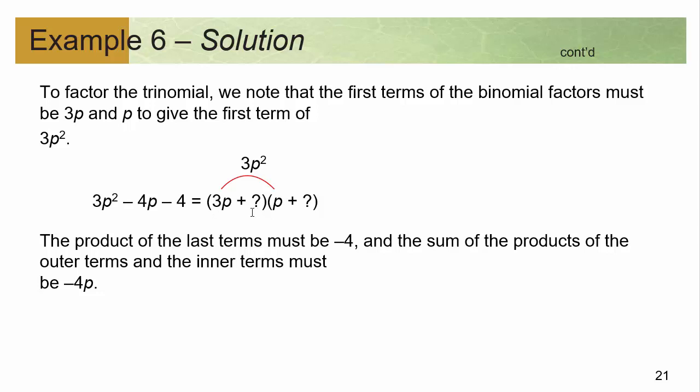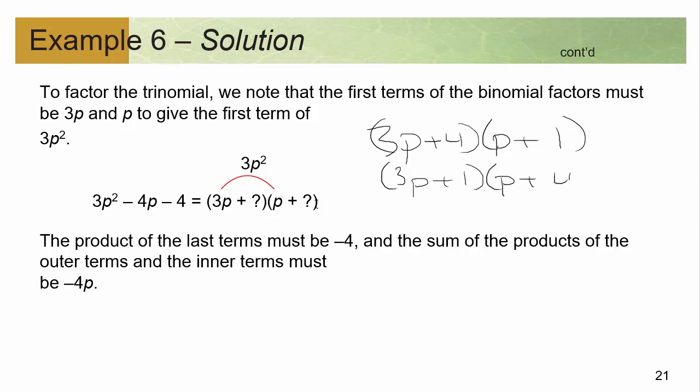Now you might be asking yourself, how do I know it's 3p and p and not p and 3p? Doesn't matter which one gets the 3 and which one gets the 1, because we're going to switch these numbers around anyway. So what I mean is we could have 3p plus 4 times p plus 1, if we thought 4 and 1 were the numbers, or we could check 3p plus 1 and p plus 4.